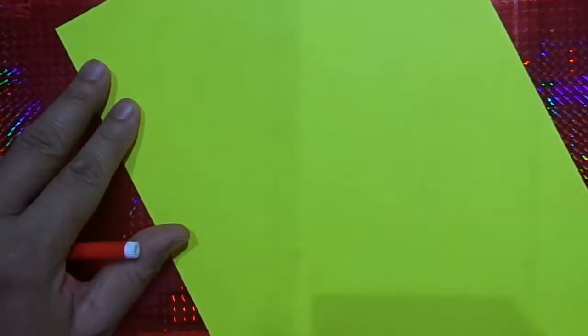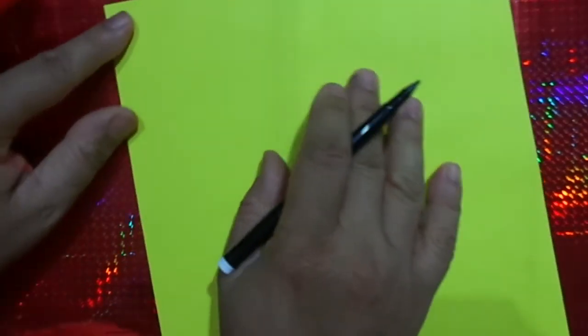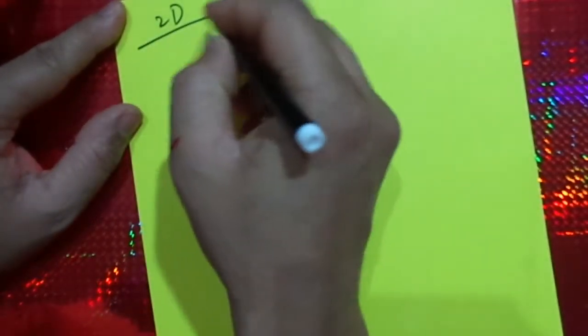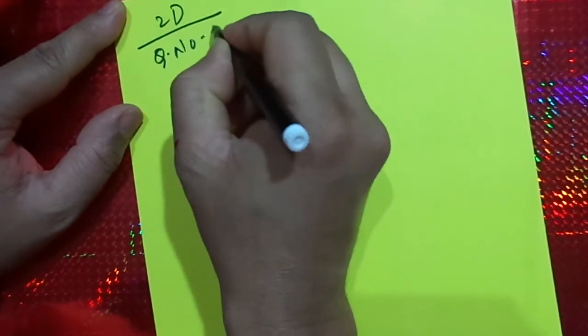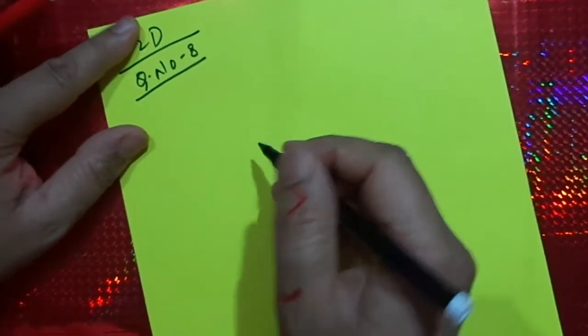Come on, we are not going to waste any time, because even you people start getting bored. In question number 8, they are talking about the product of two numbers.